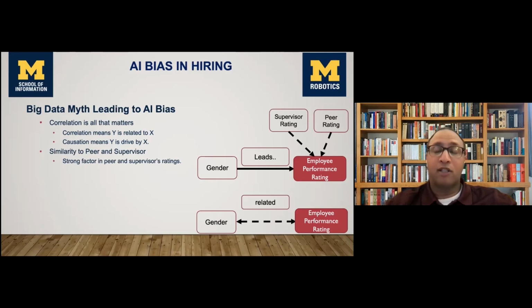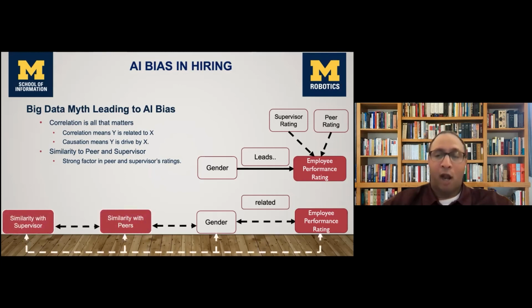So if you're in an organization that's 70% men, and maybe 90% of supervisors are men, if you're a man, you're going to get a higher rating than a woman, right? Typically, all the literature says that supervisors and peers rate people who are like them higher than people who are not like them, right?